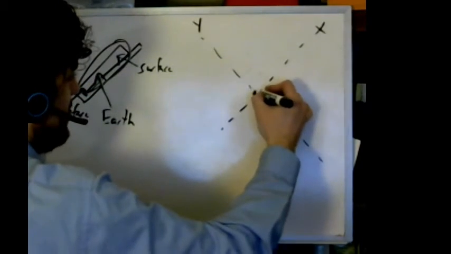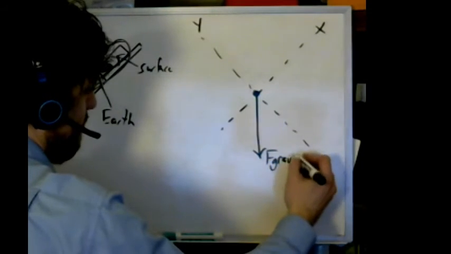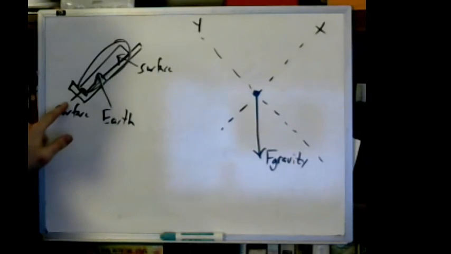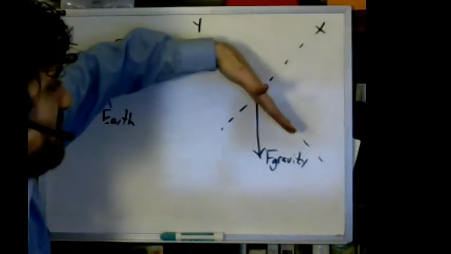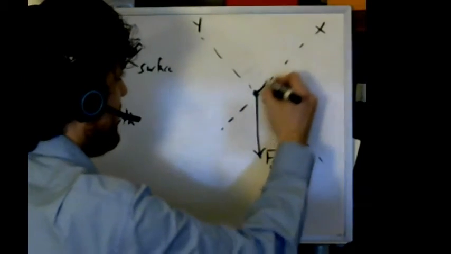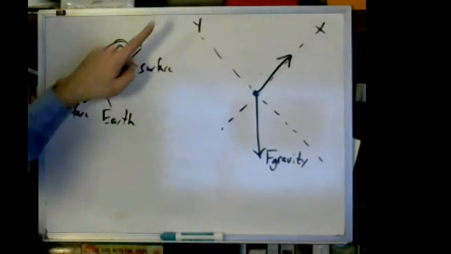Gravity always pulls straight down. This surface here is exerting a normal force perpendicular to itself. Here's parallel to that surface, so the normal force has to be up and this way. This part of the lectern is holding the book up.